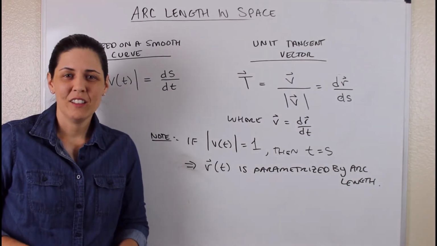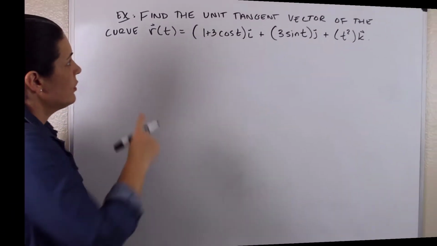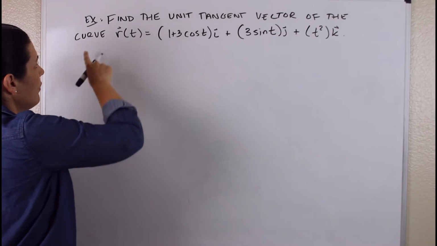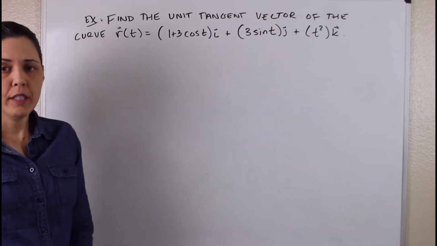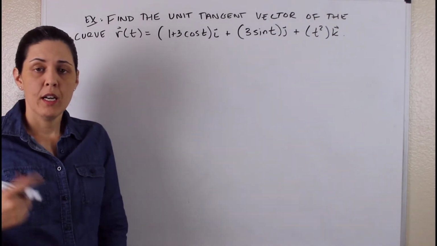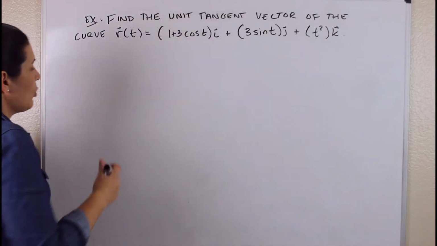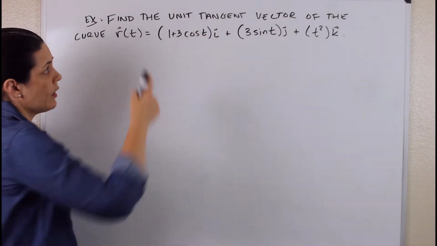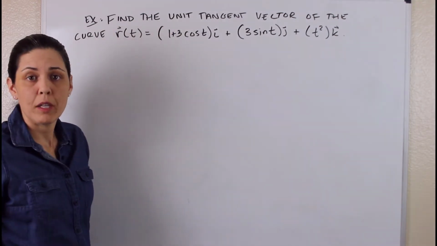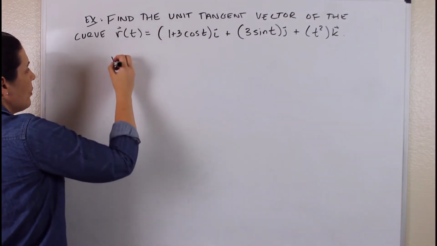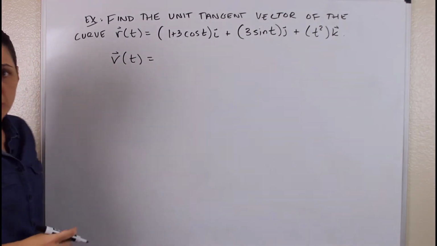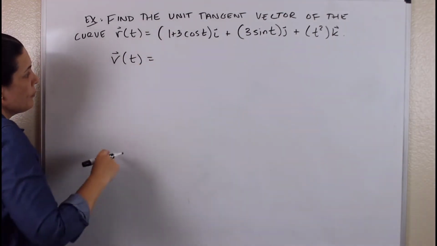Okay, so let's take a look at this example. Find the unit tangent vector of the following curve. It's just a few quick steps with derivatives on this one. So tangent, think derivative, and then unit vector, we have to divide by the magnitude. So we're going to start by finding the derivative of our position vector function here, which is v.